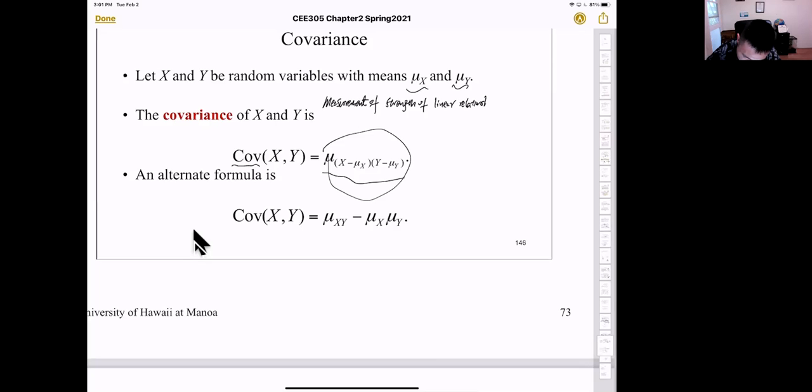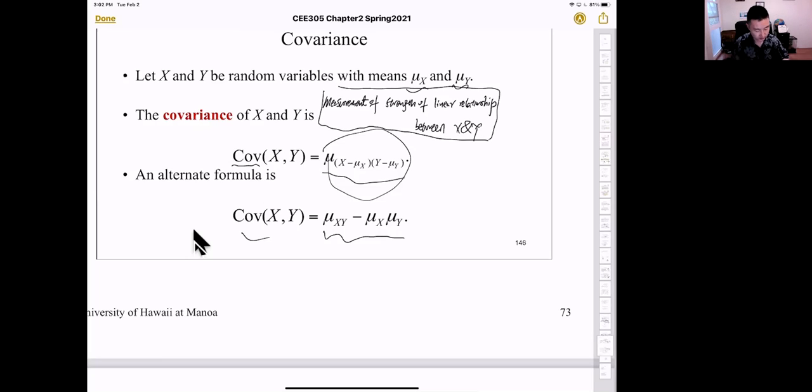And we can also calculate the covariance using this other equation, whichever is easier. So covariance again is a measurement of the linear relationship between two variables.